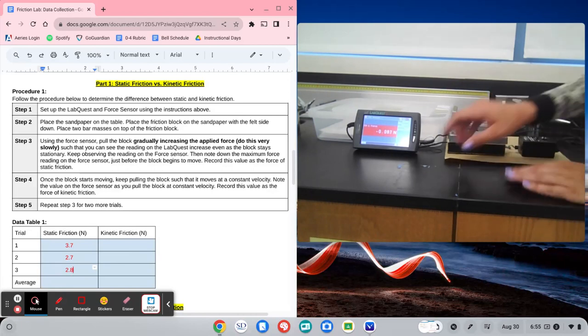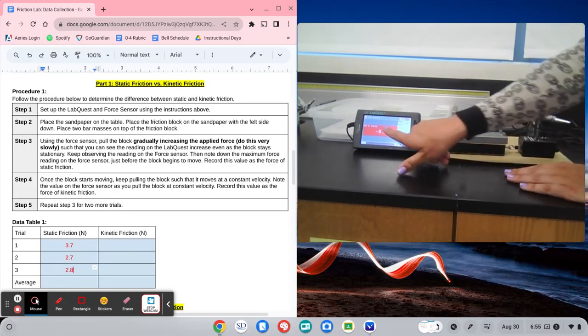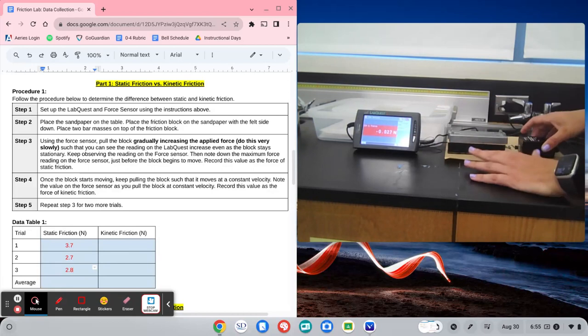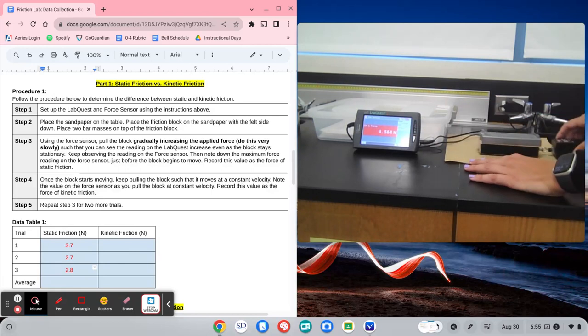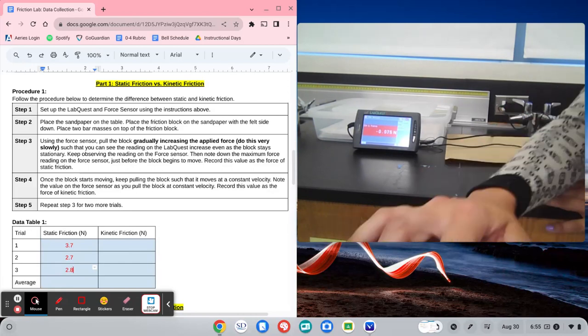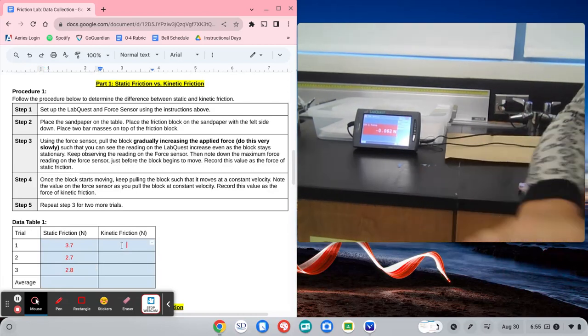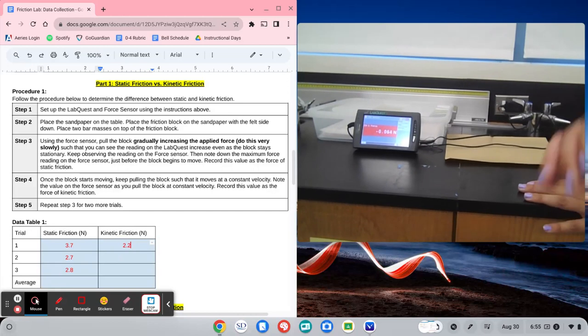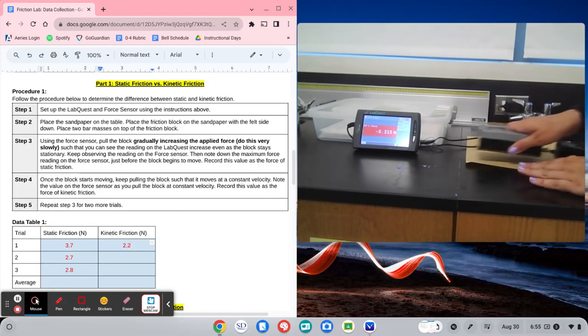Now I want to pull it at a constant velocity and see what that force is going to be. So once I got it moving at constant velocity, I got around 2.2. I'll start again.